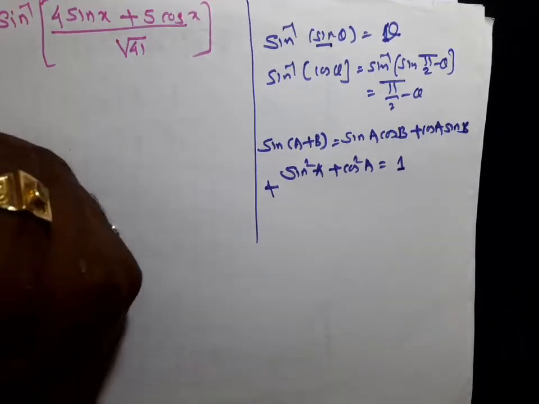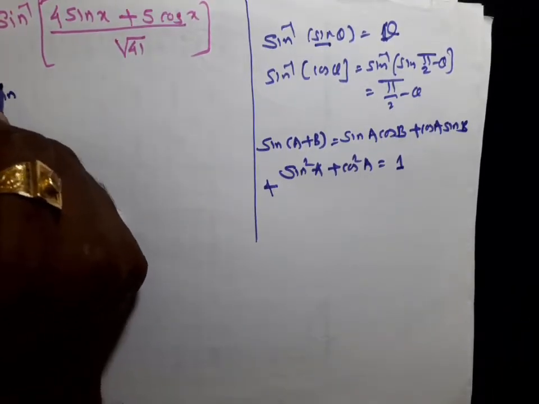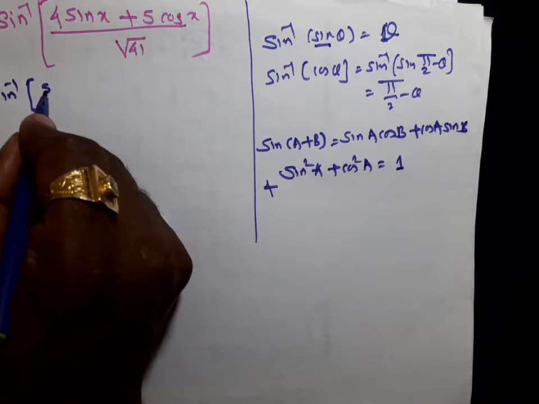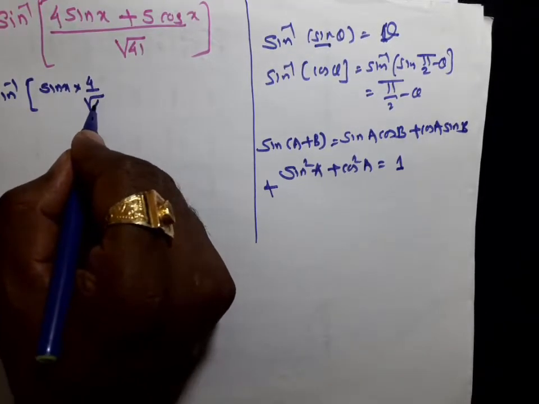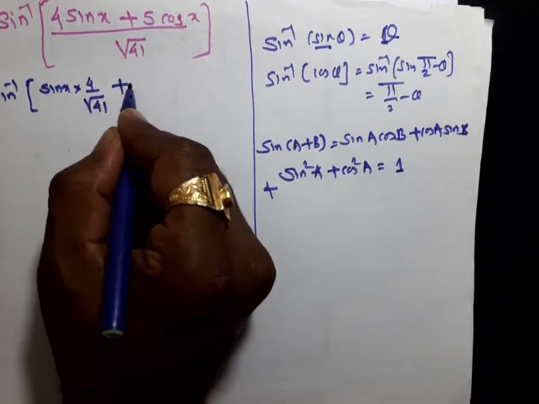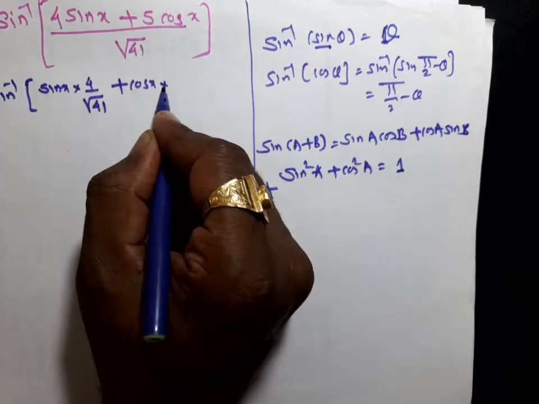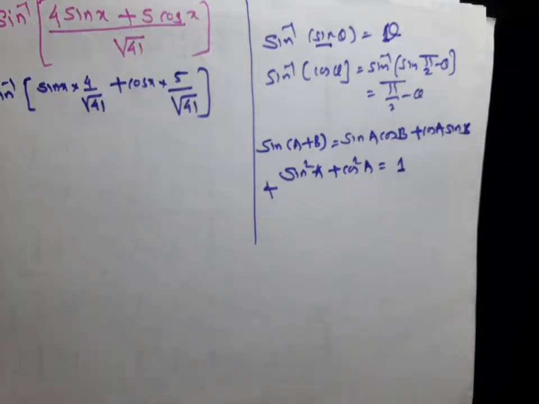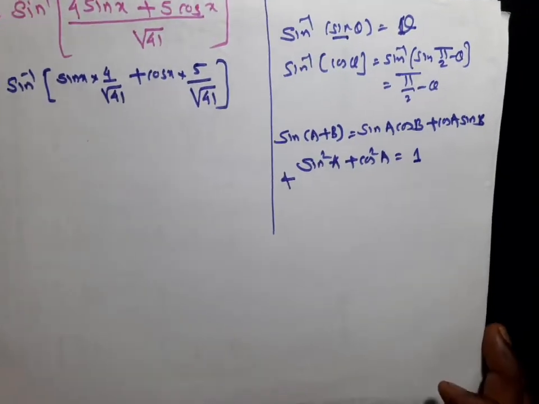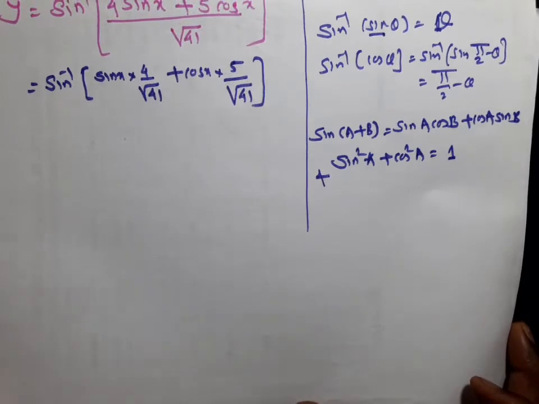So therefore, this I am going to simplify. Sin x into 4 upon root 41 plus cos x into 5 upon root 41. Okay. Now this is important.